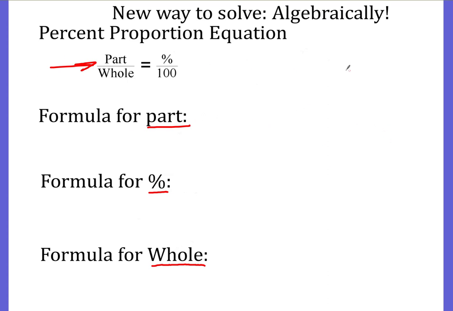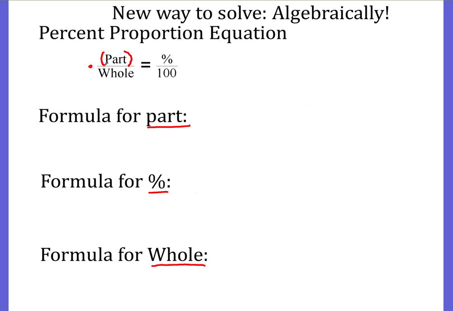So let's start with this right here. Let me erase that arrow so we have some room. Say we want to get the part, so a formula for the part. I'm going to section it off, and say the part is being divided by the whole. What if we were able to get the part all by itself?